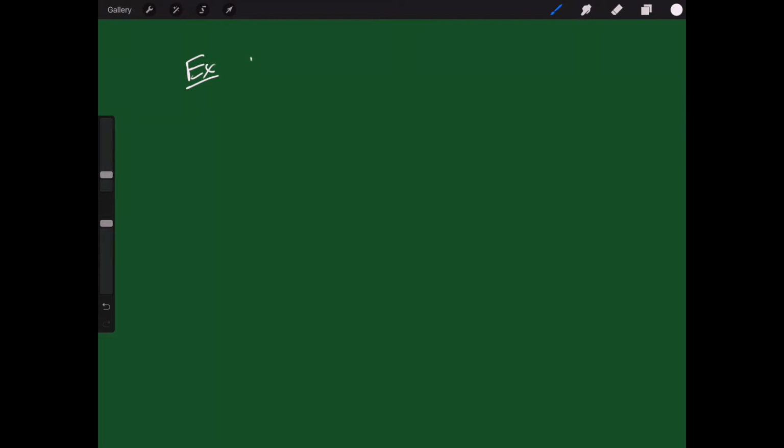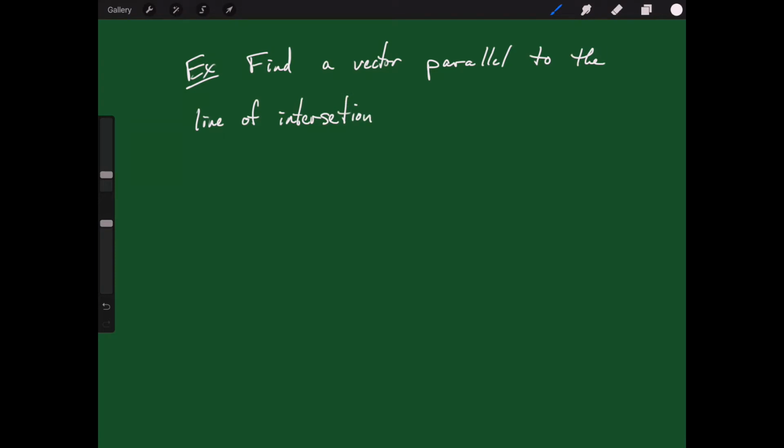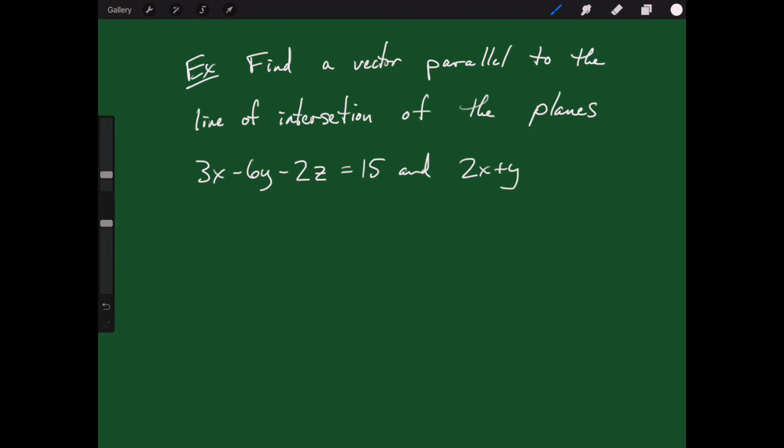Let's find a vector that's parallel to the line of intersection of the planes 3x minus 6y minus 2z is equal to 15, and 2x plus y minus 2z equals 5.